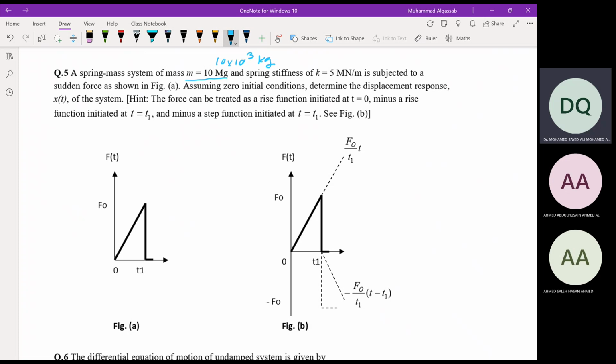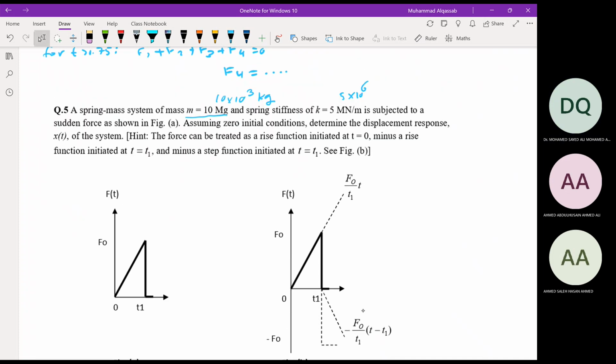K equal to 5 meganewton per meter. It means that K equal to 5 times 10 to power 6 newton per meter, subjected to a sudden force as shown in figure A, assuming zero initial conditions. Determine the displacement response, x of t, of the system.